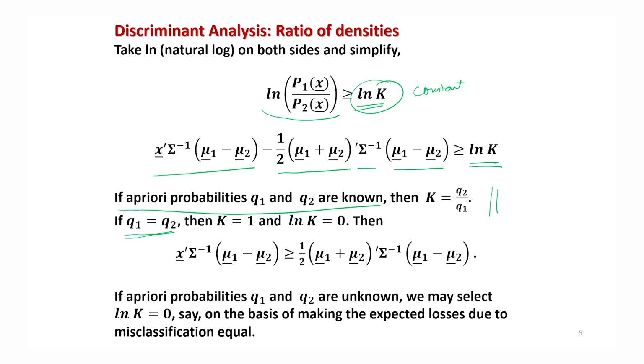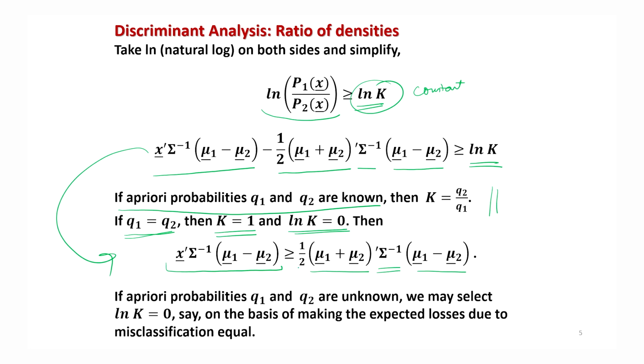Then q1 becomes equal to q2, k becomes equal to 1, and log of k becomes 0. In this case, the rule transforms into a very simple format: x transpose sigma inverse (mu1 minus mu2) is greater than or equal to half (mu1 plus mu2) transpose sigma inverse (mu1 minus mu2).